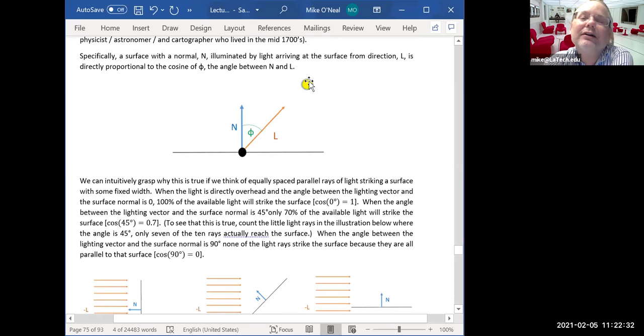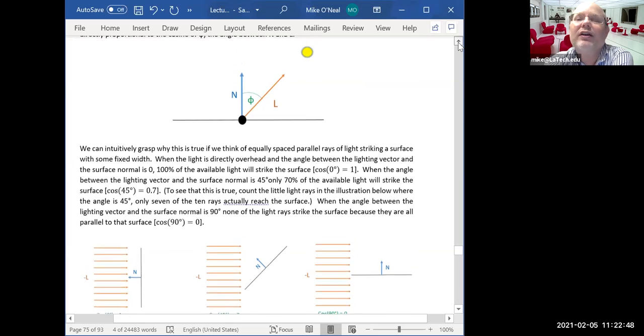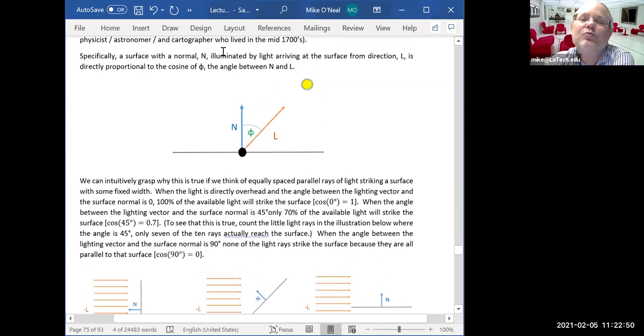Lambert's cosine law: the light comes in, and we keep up with the lighting vector that points towards the light source and the surface normal. We have this angle phi, and how big this angle is affects how much light hits the surface. If the light source were directly overhead, both the surface normal N and the lighting vector L would be the same.